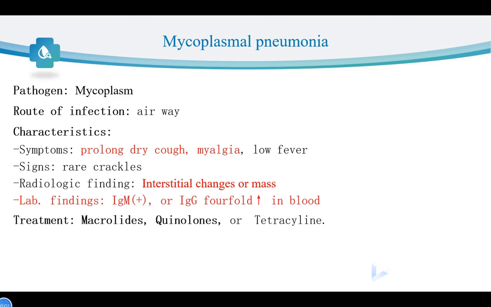During the laboratory examinations, we usually can find positive results of IgM or a fourfold increase of IgG in the serum. According to these laboratory findings, we can confirm the infection of the Mycoplasma. The treatment for the Mycoplasma usually includes macrolides and quinolones.